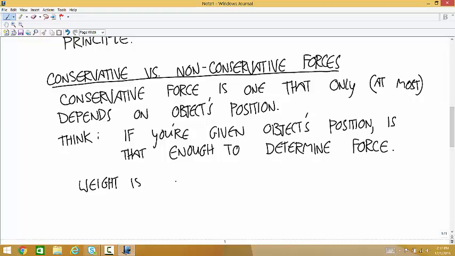So weight is conservative, because if you know the location, you know the weight force.